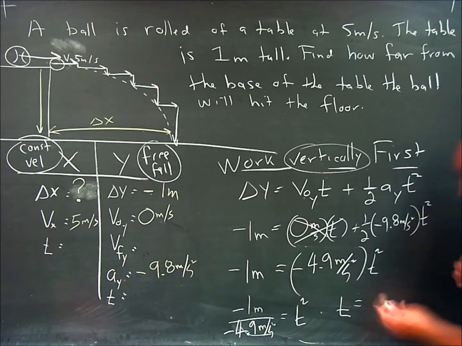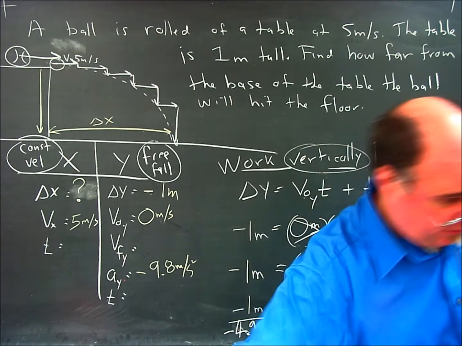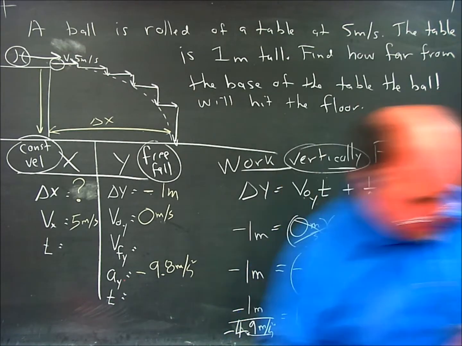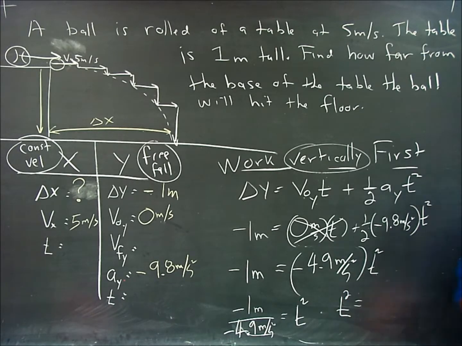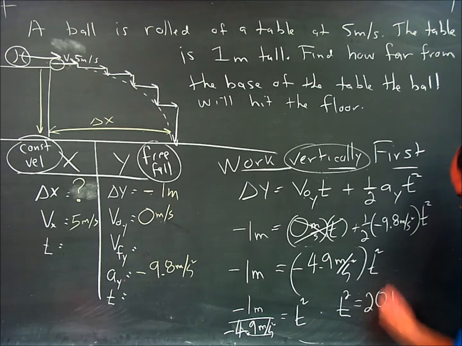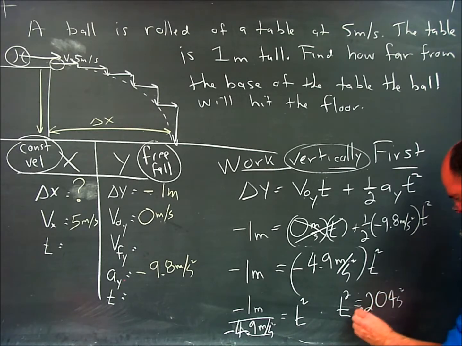T is going to come out to be a number. I have to just do it on my calculator. Well, first of all, let me say t squared came out to be the number 0.204 seconds squared.